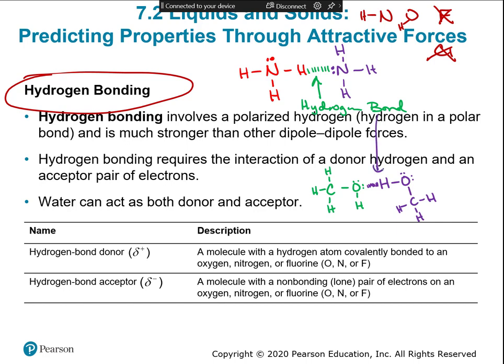The more hydrogen bonds, the more hydrogens that those oxygens or nitrogens have connected, the greater this attraction. So methane, you know, is a gas at room temperature, CH4. But methanol is a liquid at room temperature because of this ability to hydrogen bond.